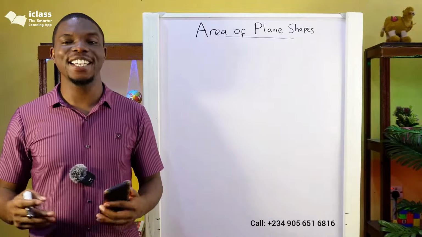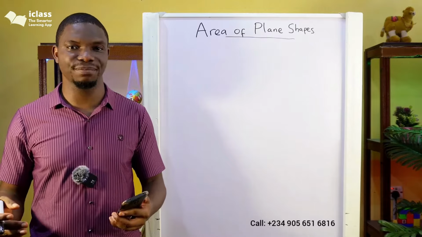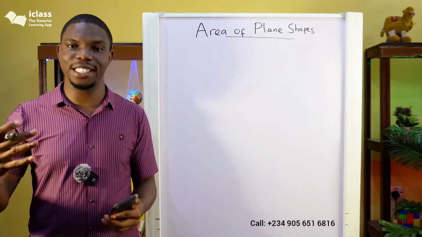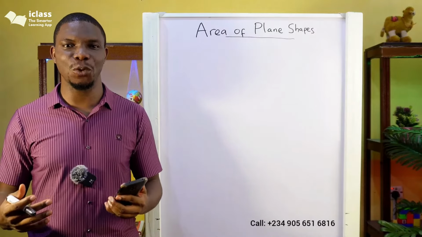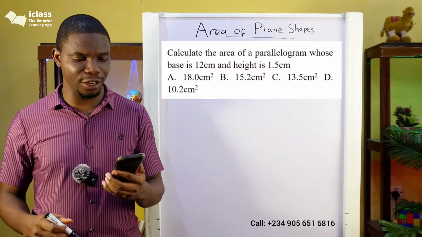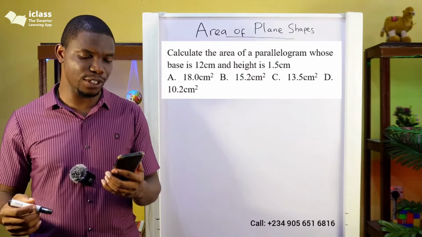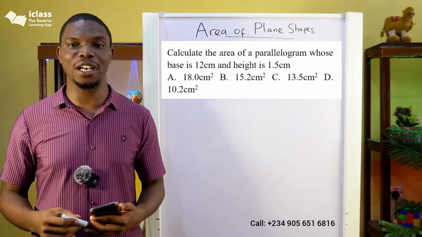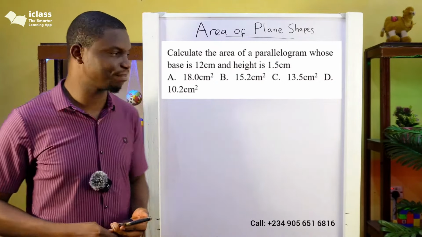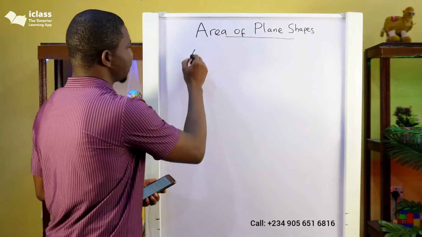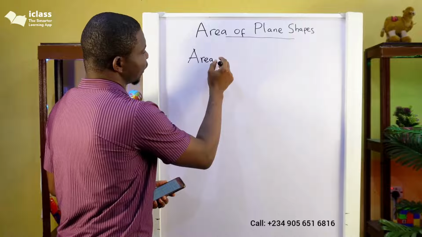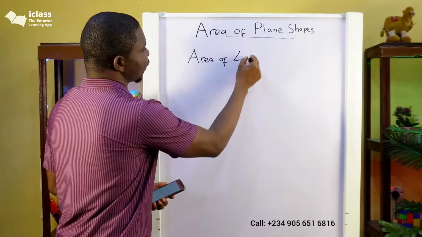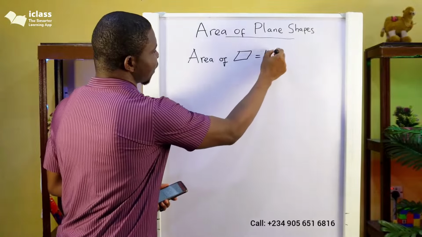Welcome back. Let's now take some practice questions. The way we do it is that you attempt the question before watching my explanation. Question 1. Calculate the area of a parallelogram whose base is 12 centimeters and height is 1.5 centimeters. Very easy. Remember the formula for area of a parallelogram is base times height.